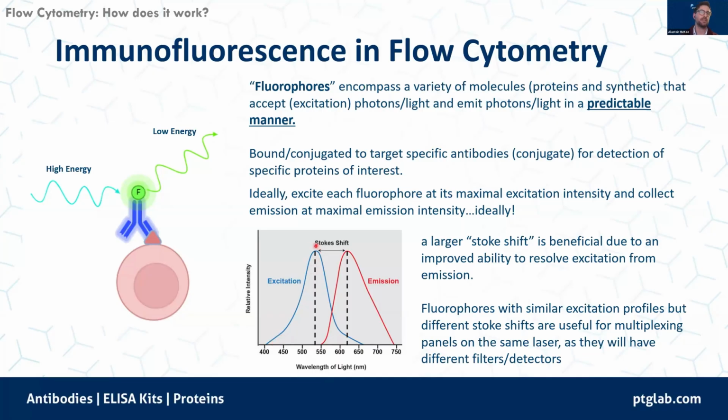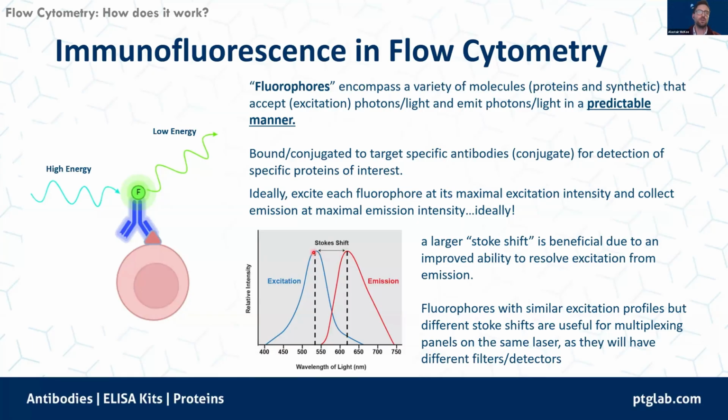But we want to excite this fluorophore at the maximal excitation, which is around 540. When we excite this at 540, we're going to hopefully see our maximal emission, which is around 610. And that's ideally where we want our filter to be able to pick up the emission.